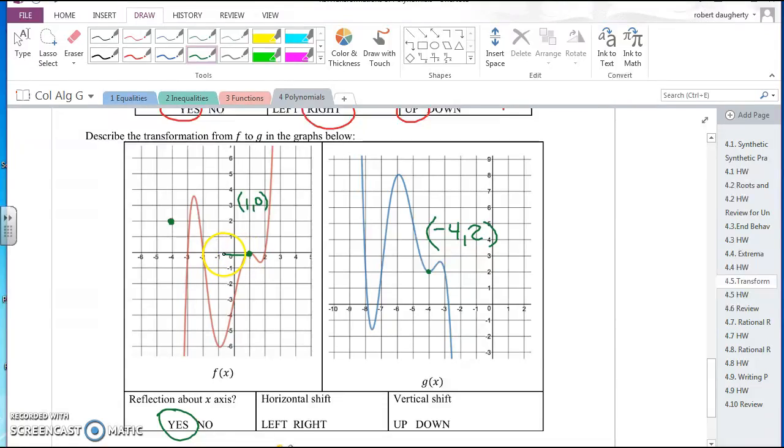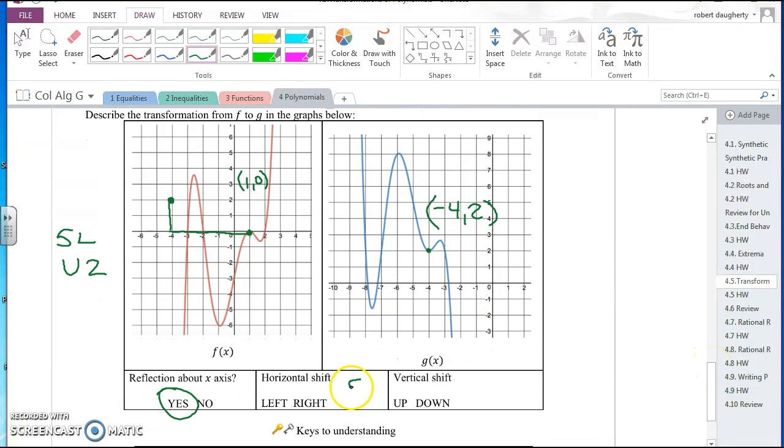I have to go 1, 2, 3, 4, 5, 5 to the left, and I have to go up 2, okay? So that's a horizontal shift 5 to the left and up by 2. So to get from the red graph to the blue graph, like I said, first of all, pick a point and then tell what happens to that point.